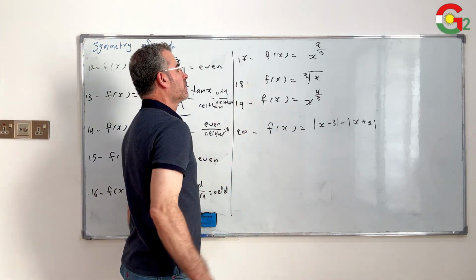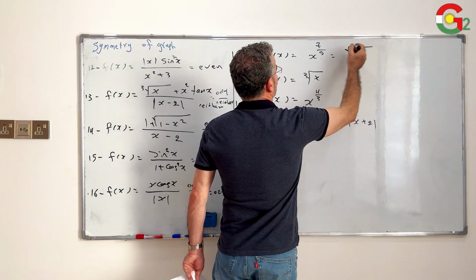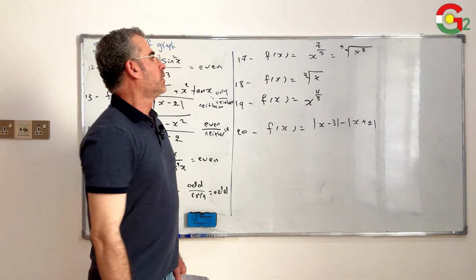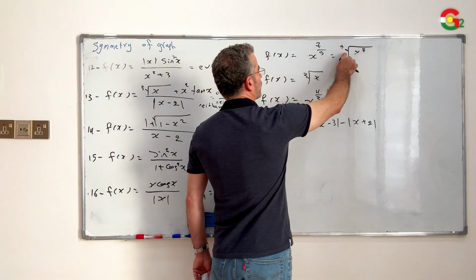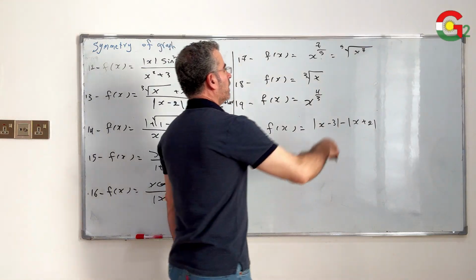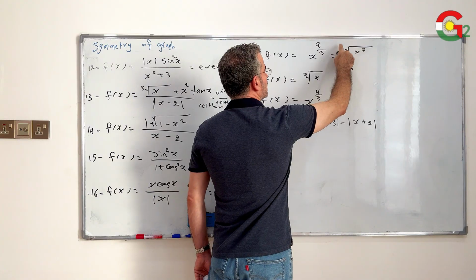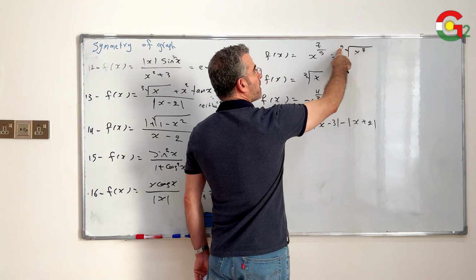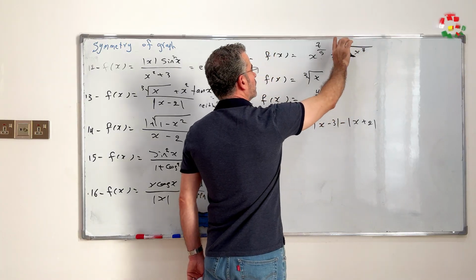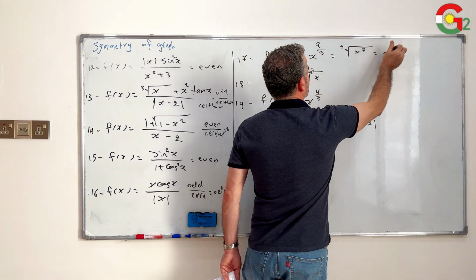Number 17: I can rewrite this function as x times the root with order 5 of x to the power 7. Since the order of the root is odd, then odd to the root of order odd, the answer is odd.